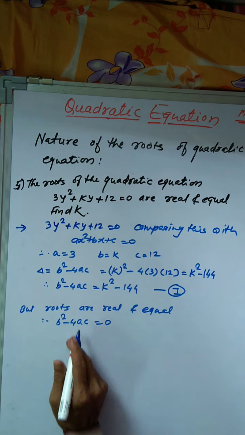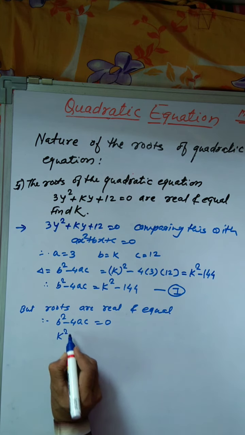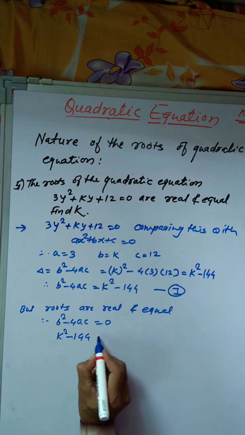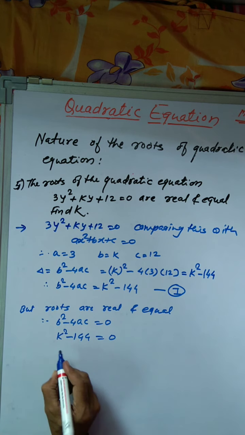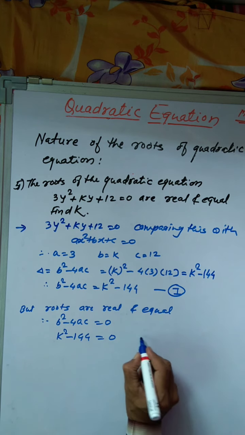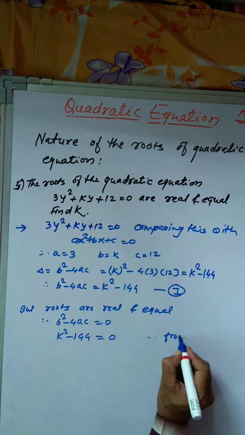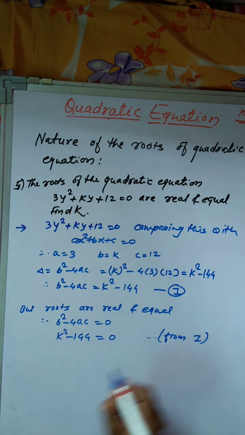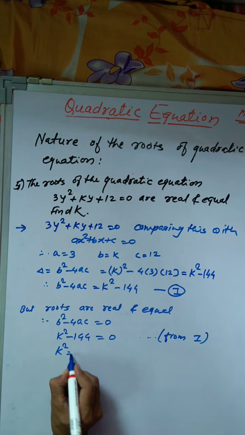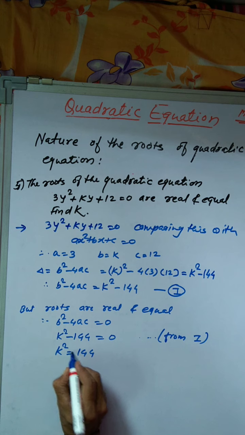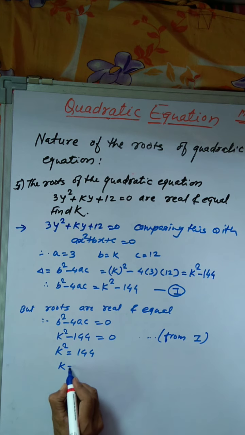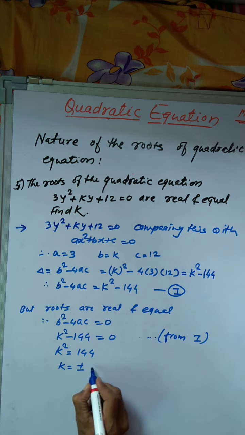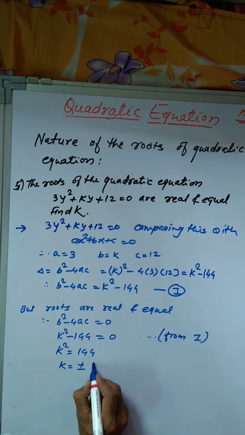Substitute this value here, we get k square minus 144 is equal to 0. Take 144 to the other side. Hence k square is equal to 144. Taking the square root of both sides, we get k is equal to plus or minus the root of 144, which is 12.